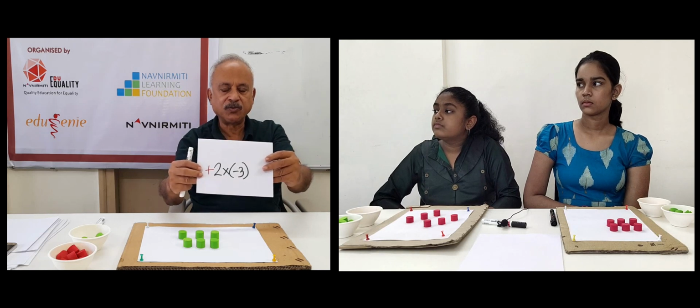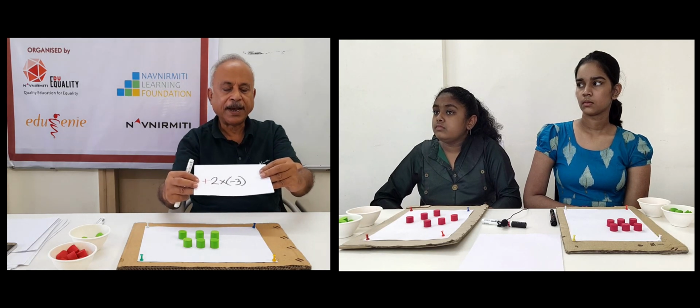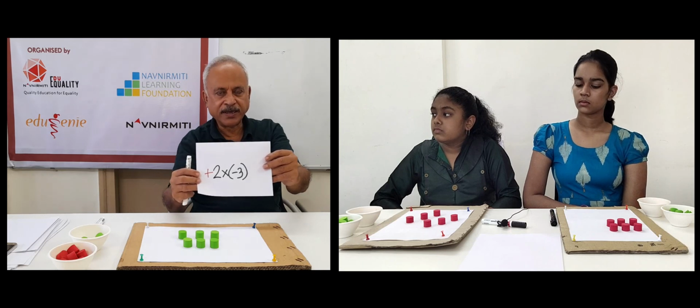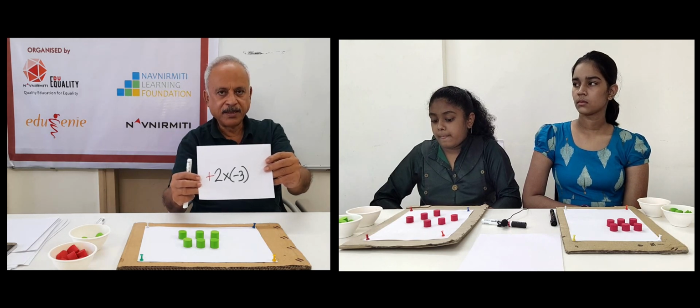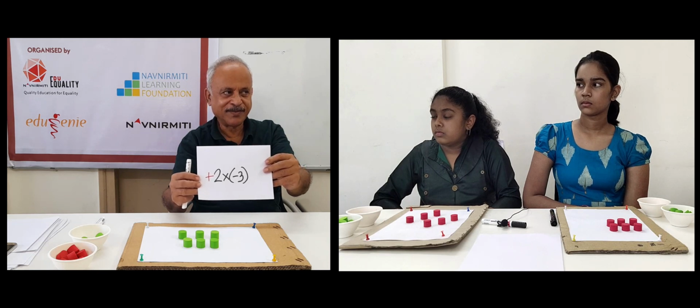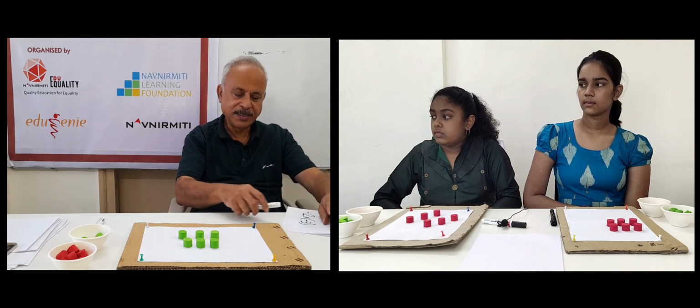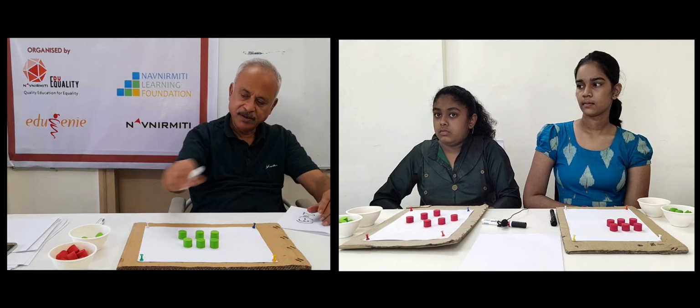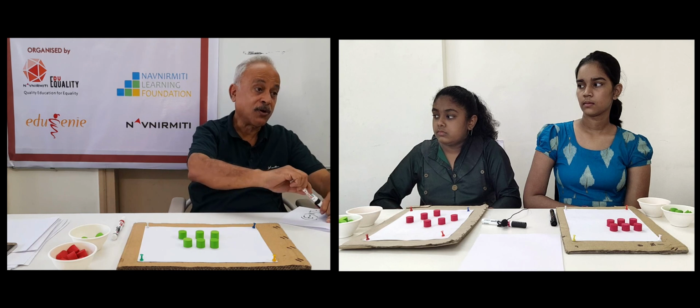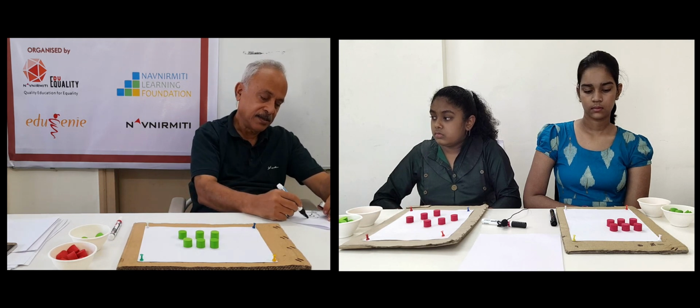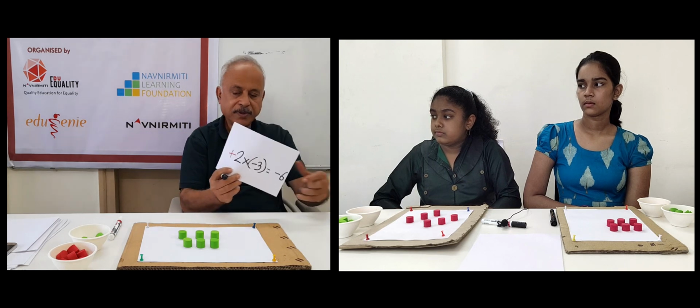So it is plus 2 times minus 3. So now do we understand why plus into minus is minus? Plus into minus, the answer is negative. The answer, as we saw, is negative 6.